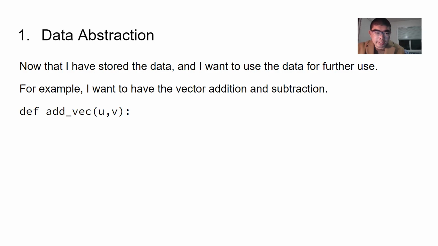So suppose I have the add vector function. The u and v are two vectors that we want to add together. Think about what will be returned when I add two vectors together: a new vector. For u and v, they each have their own x components and y components.